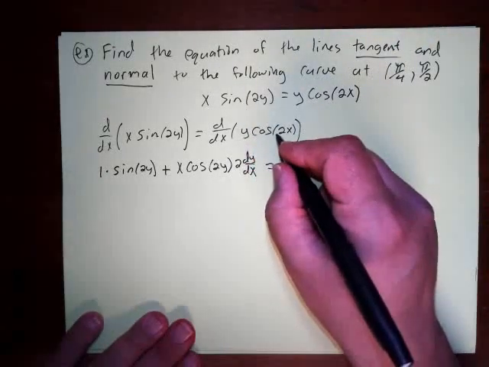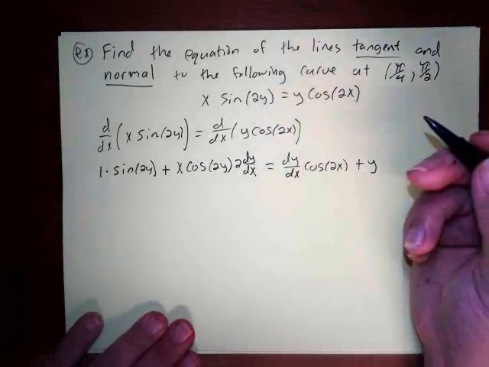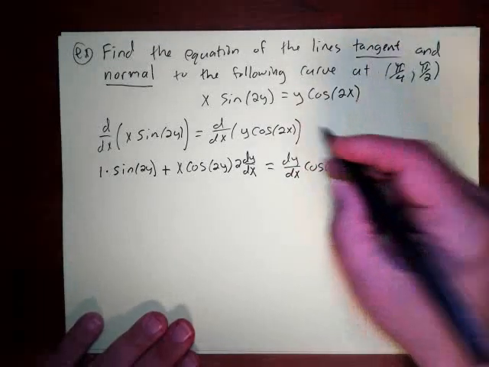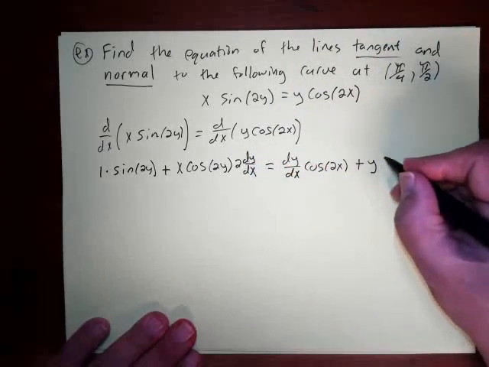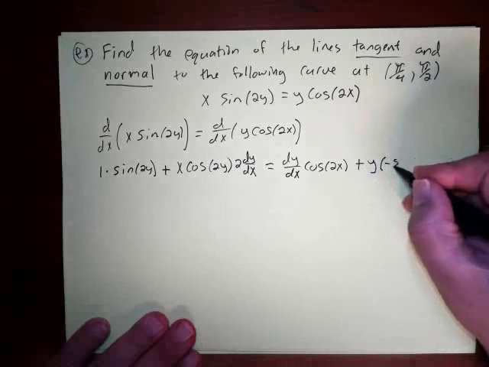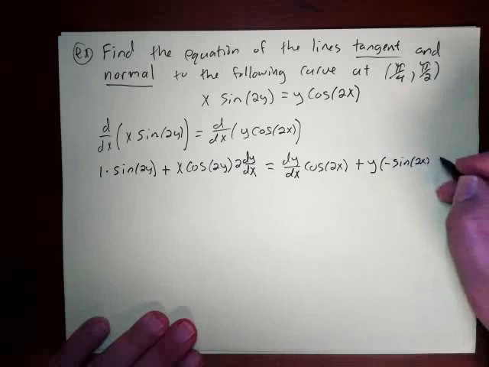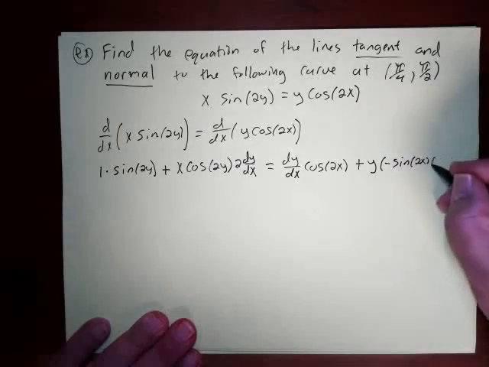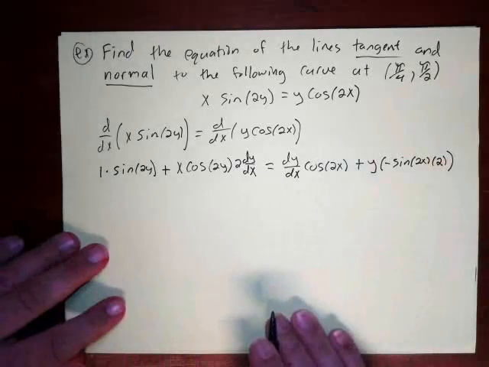The outer function is cosine, the inner function is 2x, and we're taking the derivative with respect to x. The derivative of cosine is the opposite of sine, so this would be the opposite of sine evaluated at 2x times the derivative of 2x, which is just 2. So it would look like that.